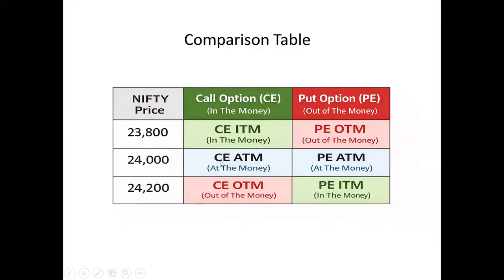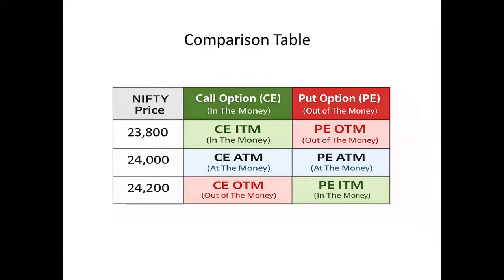For the 24,000 CE call option, the in the money call option is 23,800. It may be around 23,900 or 23,950, because in Nifty you can easily buy strike prices at 50-point intervals, but in the case of Bank Nifty, you have to buy at intervals of 100.